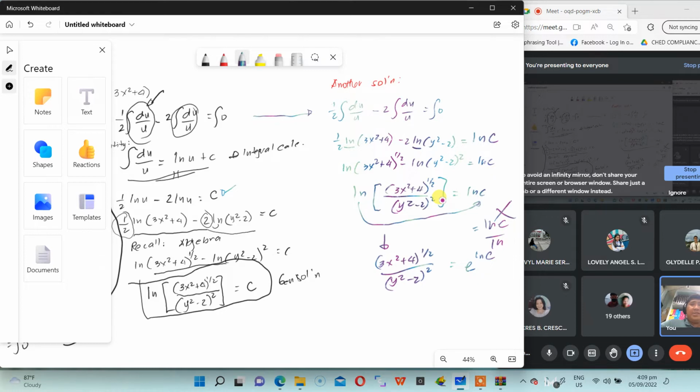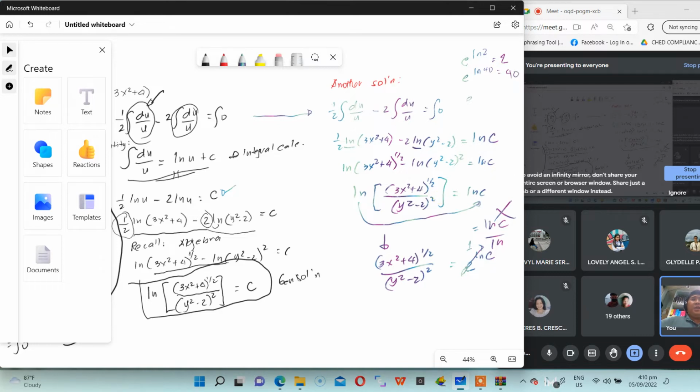Now, question: what is e raised to the power of ln C? It is equivalent to C. Let's say you have e raised to the power of ln 2. What is the answer? For us not to take long, try to use your calculator. The answer will be 2. If we have e raised to the power of ln 40, the answer is still 40.